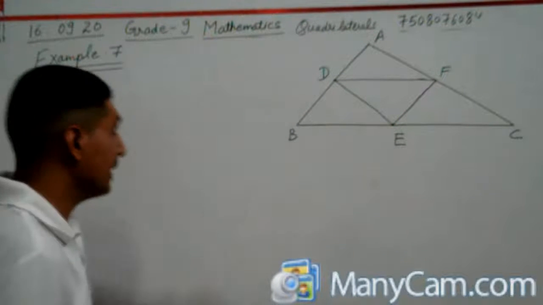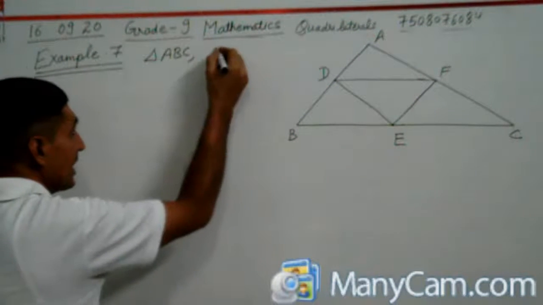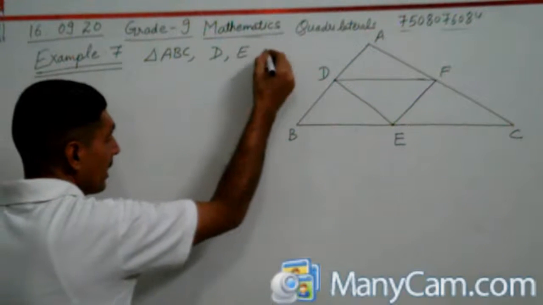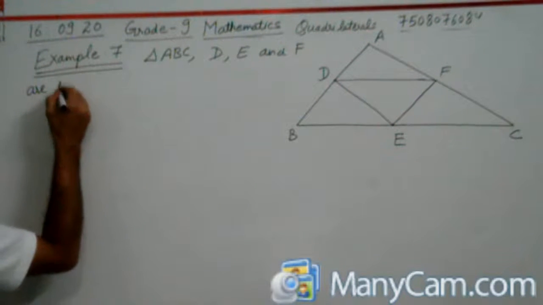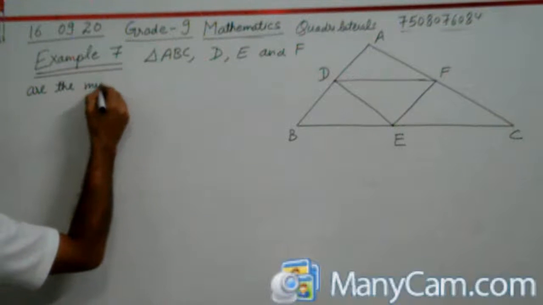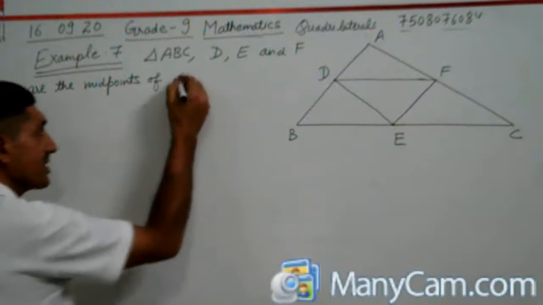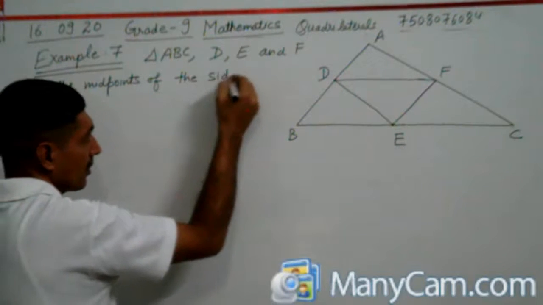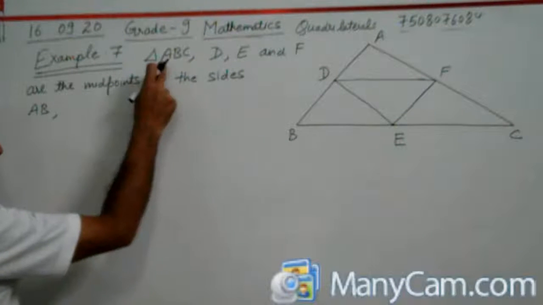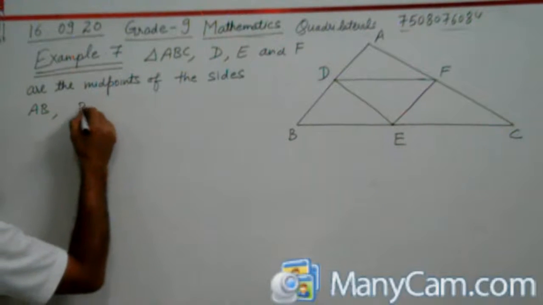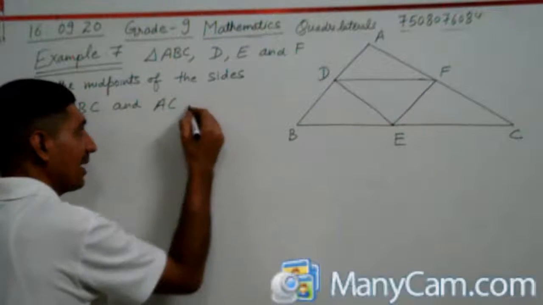So how to apply it? What is given here in this triangle ABC: D, E and F are the midpoints of the sides AB, BC and AC respectively.